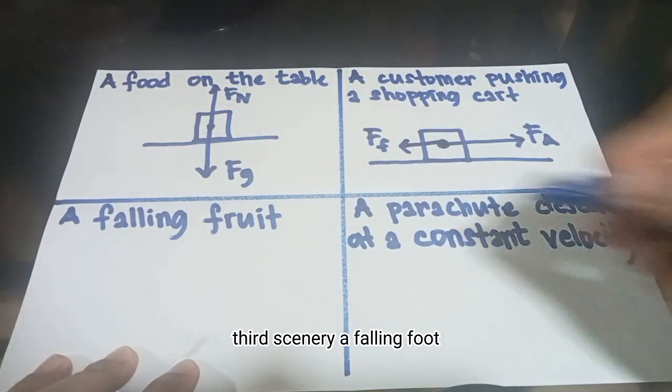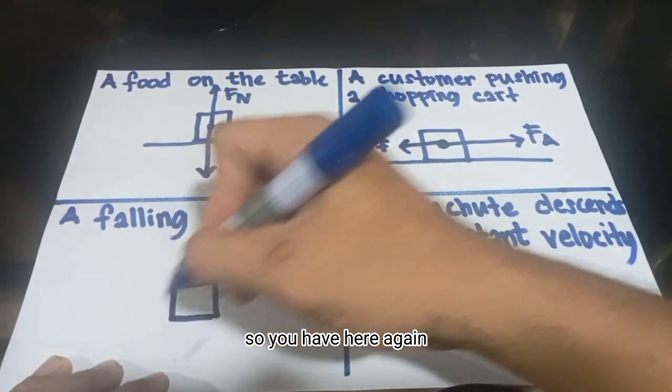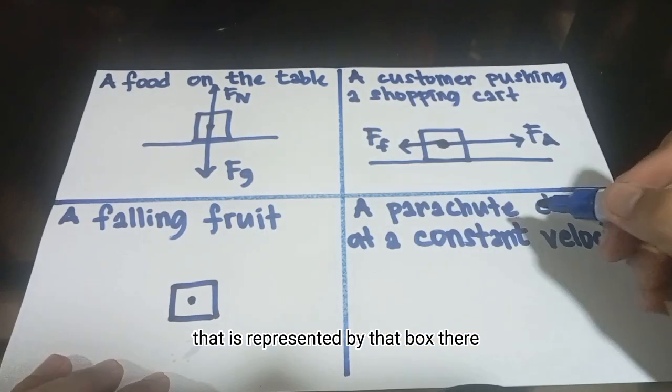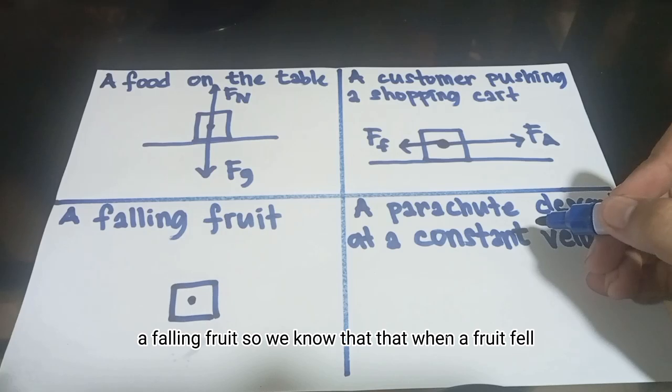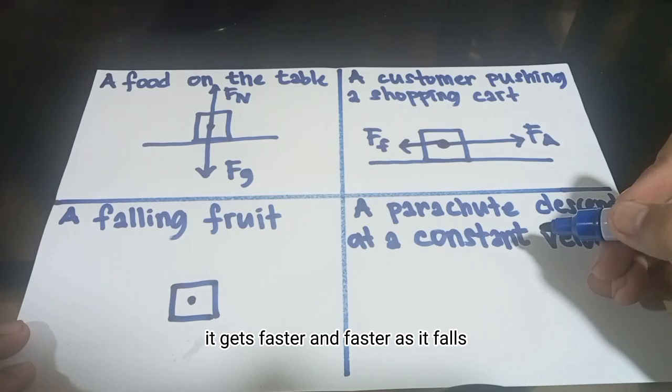Third scenario, a falling fruit. So you have here, again represented by that box, a falling fruit. We know that when a fruit falls, the speed or the velocity is increasing. It gets faster and faster as it falls.